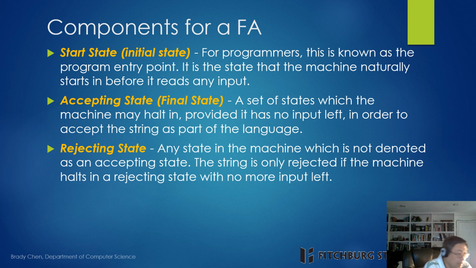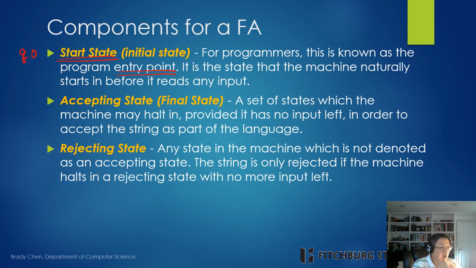Now here is the start state. Again, it's one of the 5 tuple elements, Q0, right? If you check the previous slide, it's Q0. For programmers, this is known as the program entry point. If you start a Python or Java program, you always start at the entry point.